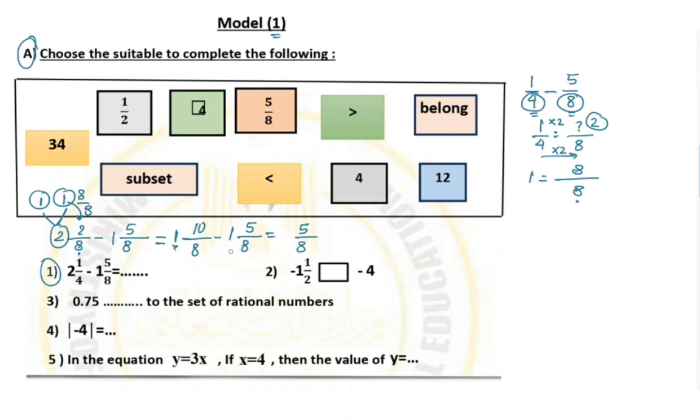And 1 minus 1 is 0. As a whole number 0, there is no need to write this 0 here. Now our answer will be 5 over 8. Look at these choices. We have 5 over 8 here. Now write the finished answer here, 5 over 8.